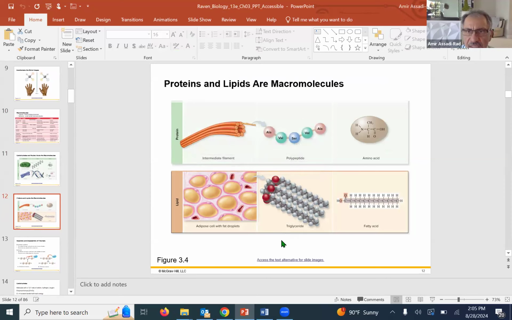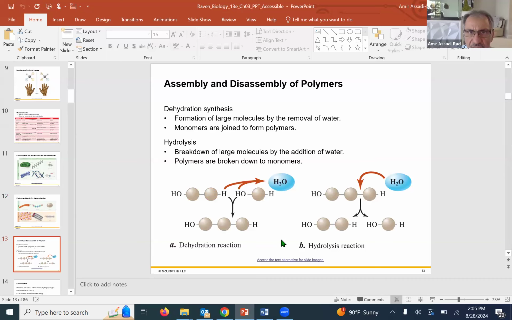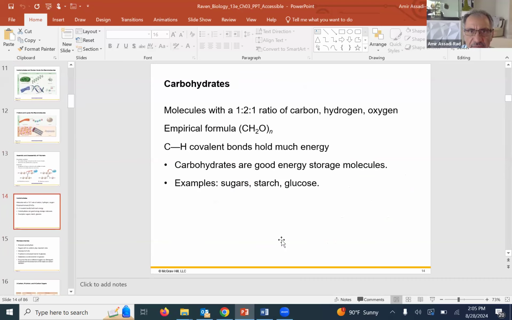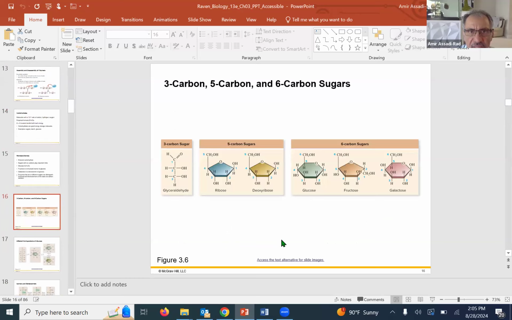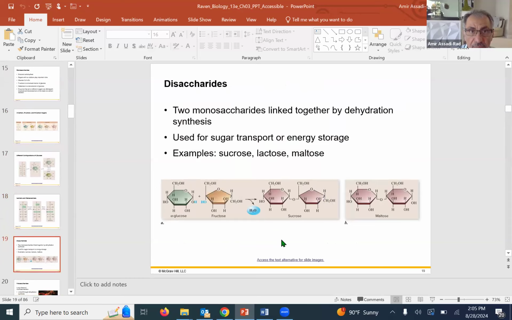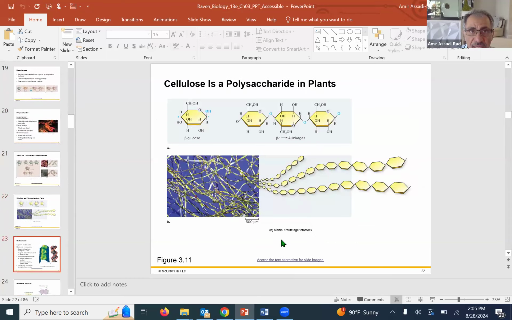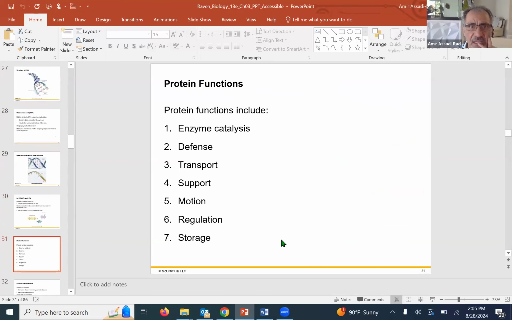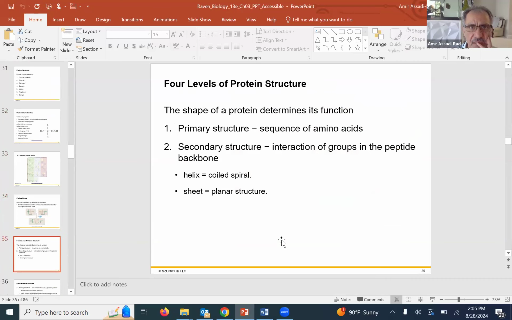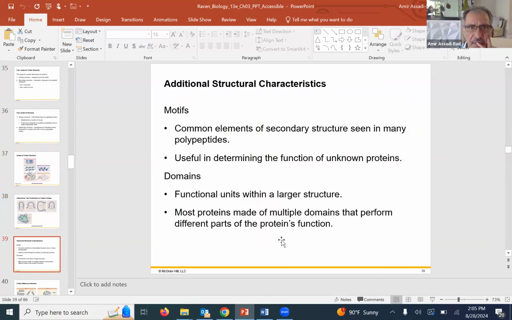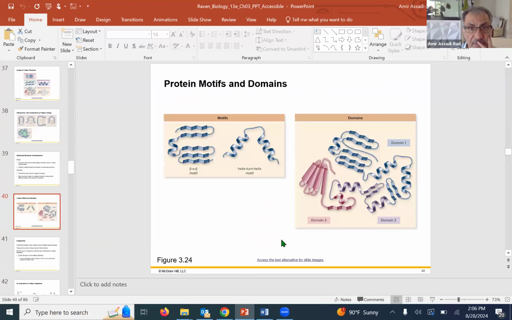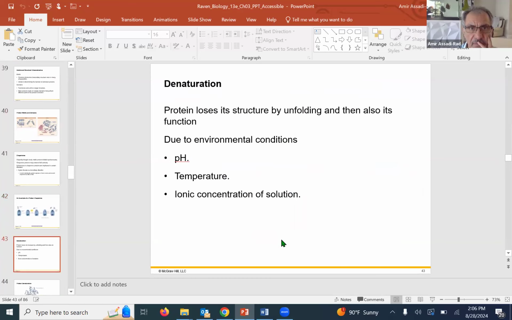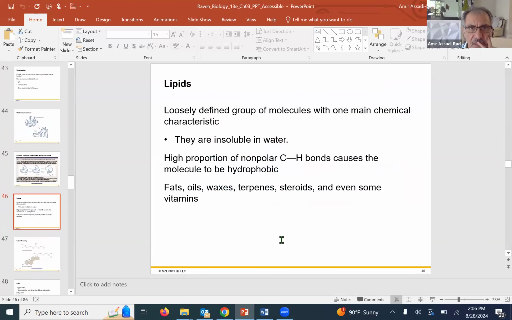Okay, here is proteins and lipids, macromolecules. Here is assembly of this assembly. Maybe I should do this at the end of the lecture, because disaccharides, polysaccharides, cellulose, nucleic acids, DNA, ATP, proteins, peptide bond, motifs, domains, chaperones, denaturation, lipids.